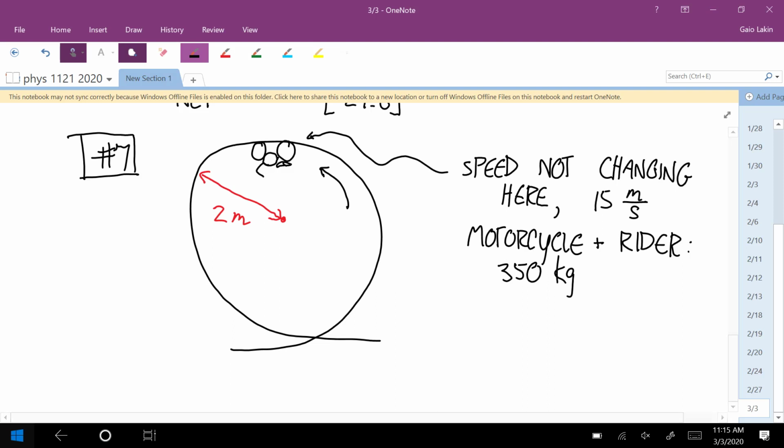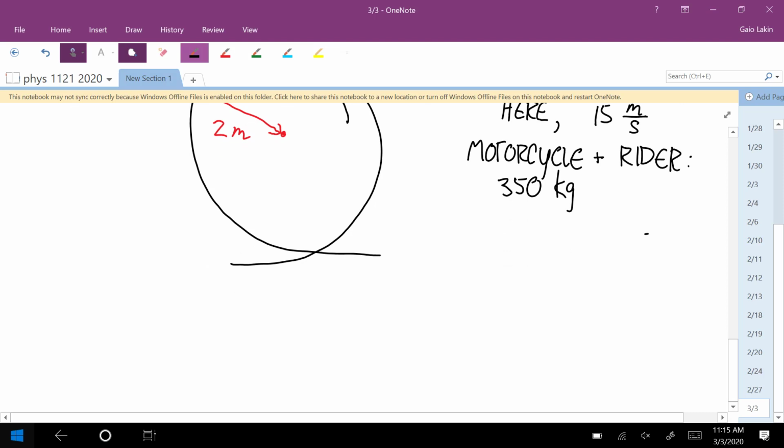Okay, so sketch the system. I already did that. What's the total acceleration of the motorcycle at this instant? So we want to calculate the total acceleration, and then we want to calculate two more things. The net force acting on the motorcycle.